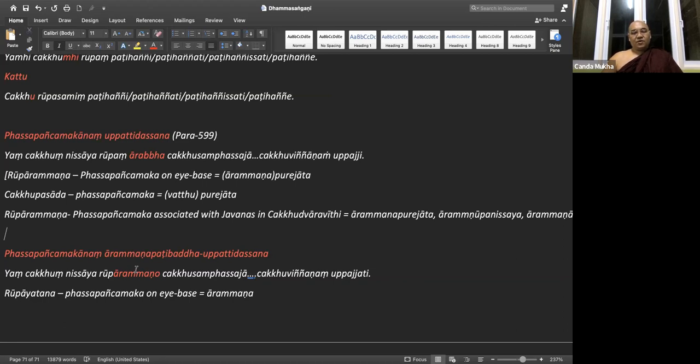Here, Aramana Pachaya Mati Niwa Pachaya Bhavo Dasido. Here is only Aramana, no Aramanadhipati or Aramanupanisaya.